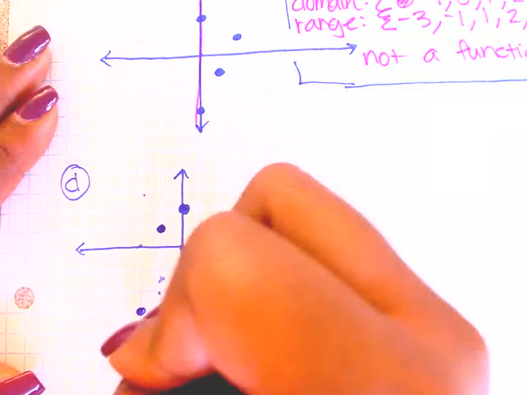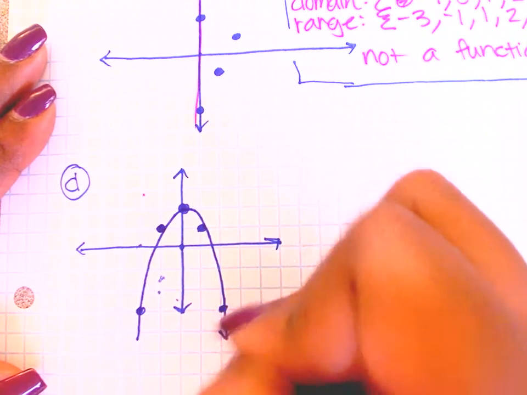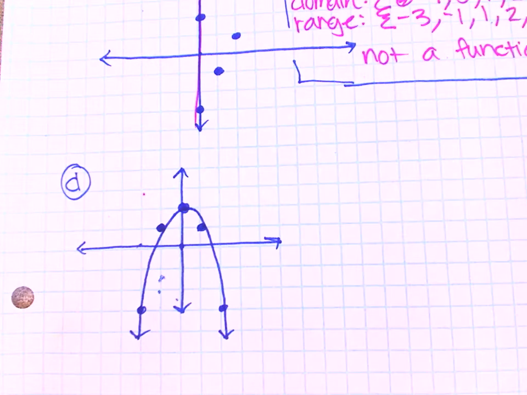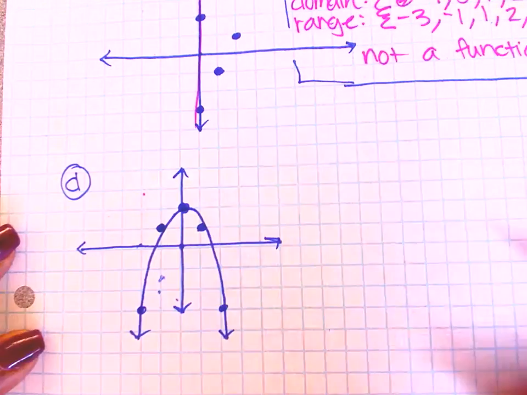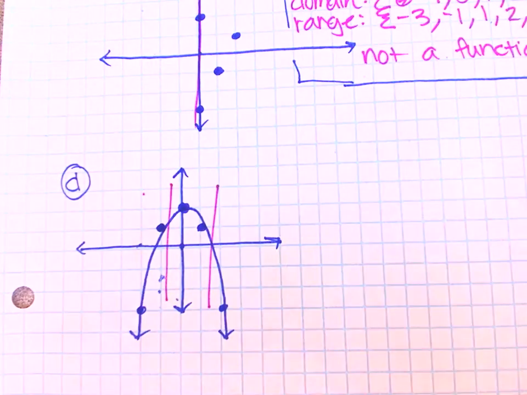And they said, look, this is your line. Now if I vertical line test, does it look like anything's going to go through the same point? No, it's a function. Very good.